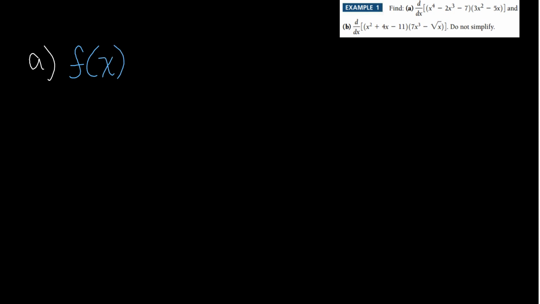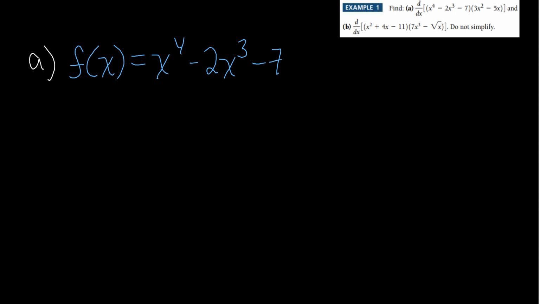Let's do it in blue. So f of x is x to the fourth minus 2x cubed minus 7.